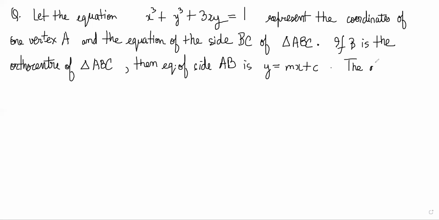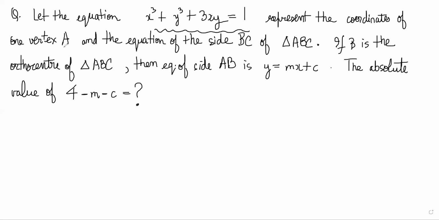The absolute value of 4 minus m minus c is being asked. So slightly weird question, but we'll think about it. The weirdness is that the equation is apparently representing a point also and a line also, right?